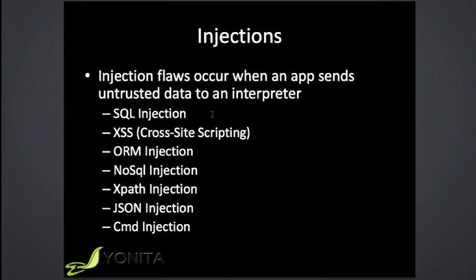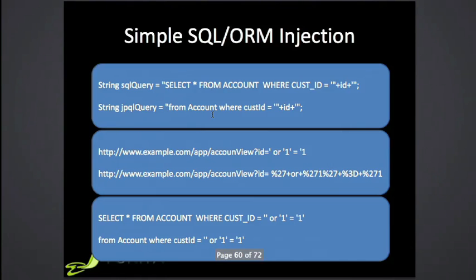It might be JPQL or HQL in case of object relational mappings. It might be any query language for a NoSQL database. It might be XPath, it might be JSON, it might be command shell. So all those tools are vulnerable when it comes to untrusted data and injections.